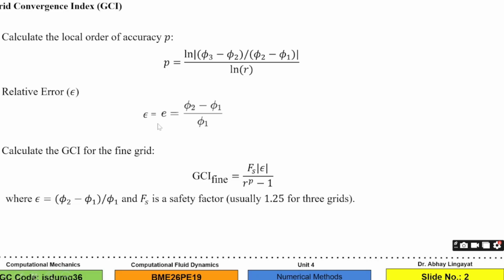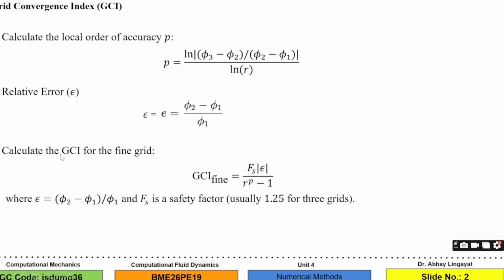The relative error E is defined as (phi 2 minus phi 1) divided by phi 1. It means the difference between the medium and fine grid results. The significance is that it indicates whether the solution is stabilizing or not.